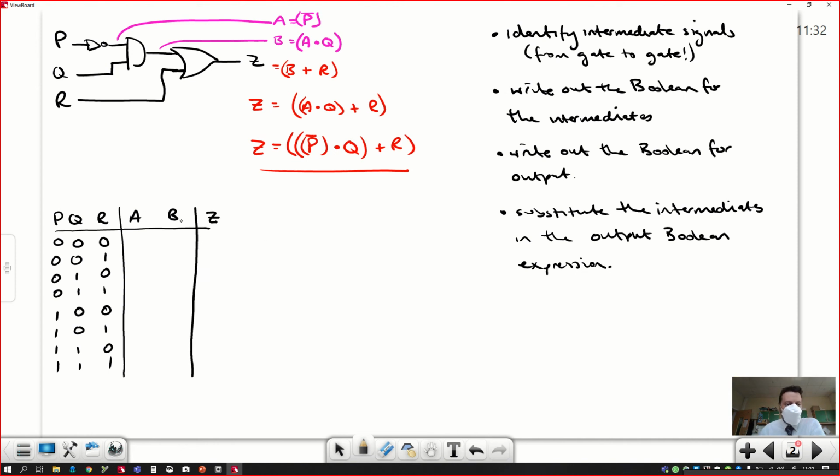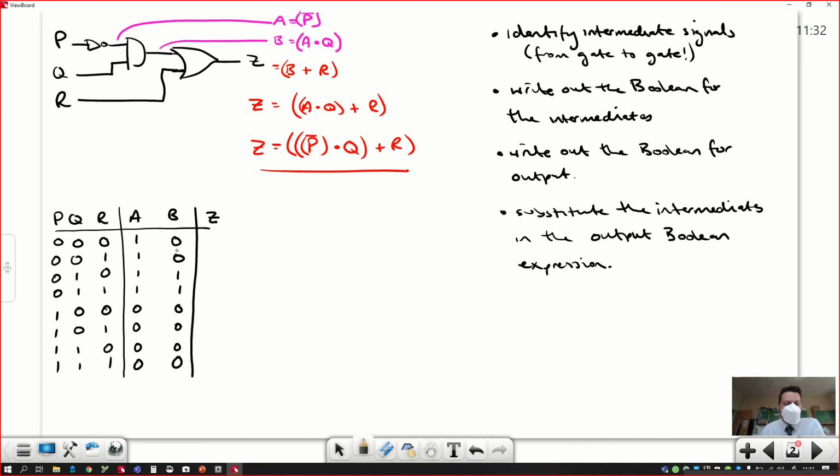Okay, so A is not P, so that's going to be 1, 1, 1, 1, 0, 0, 0, 0. B is A and Q, so I'll put that 0, 1 into an AND gate, A and Q. I'd get off, off, off, on.